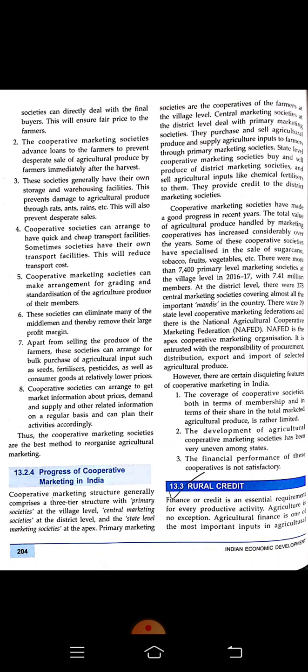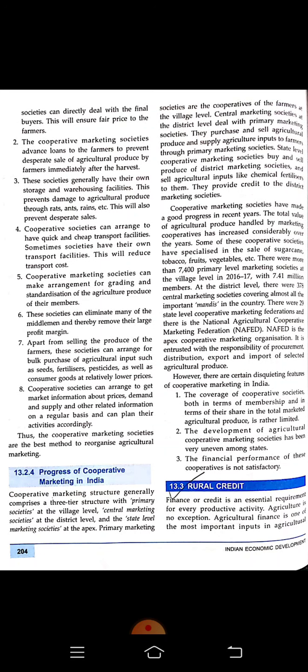Productive credit includes finances taken to purchase seeds, fertilizers, pesticides, equipment, etc. It also includes credit taken to finance expenditure for making permanent improvement on the land, like digging of wells, fencing of land, etc.